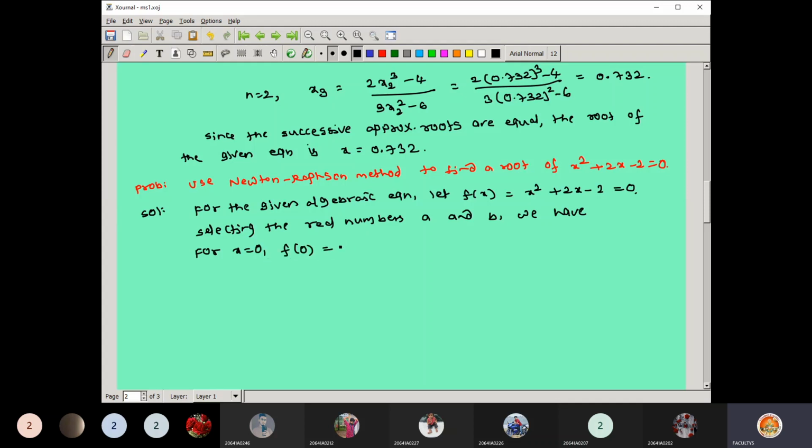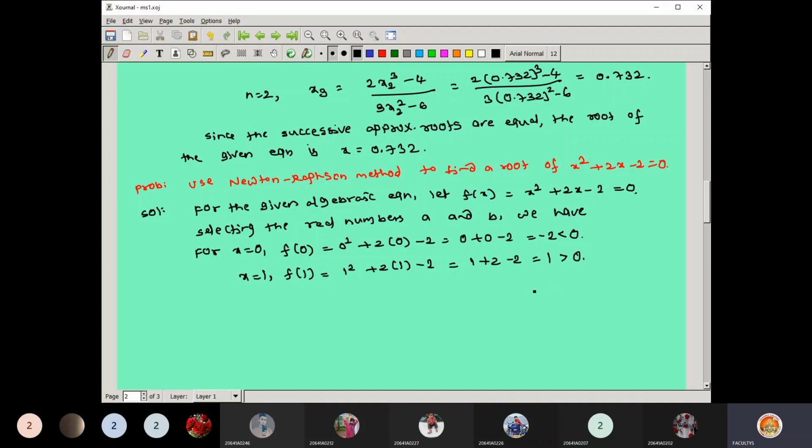F of 0 means 0 square plus 2 into 0 minus 2, which is 0 plus 0 minus 2. You are getting minus 2, that is less than 0. Next you are substituting x equal to 1, so that f of 1 equal to 1 square plus 2 into 1 minus 2, which is 1 plus 2 minus 2. So what is the answer? You are getting 1. This is greater than 0.